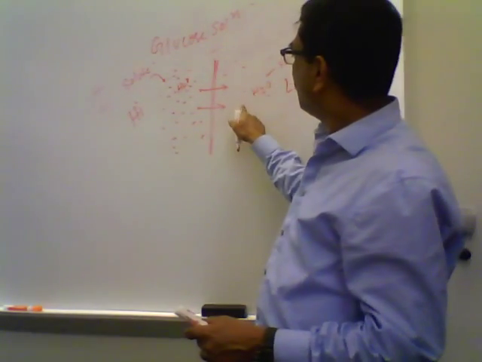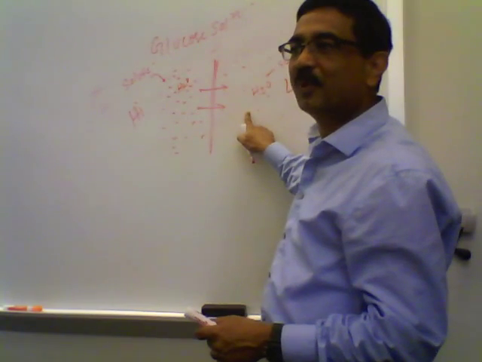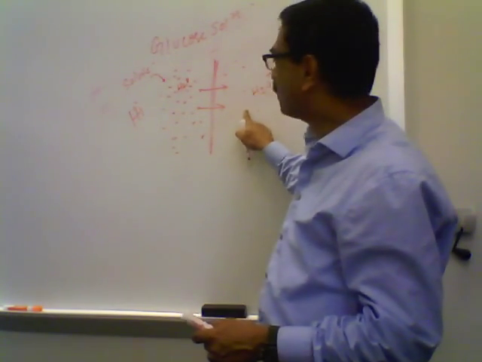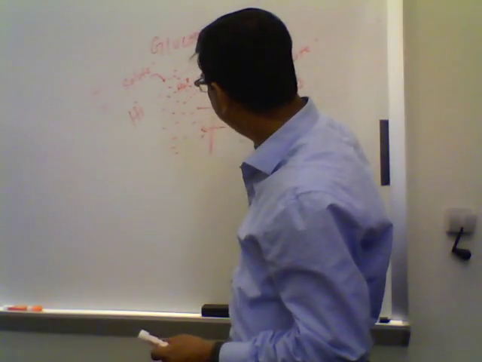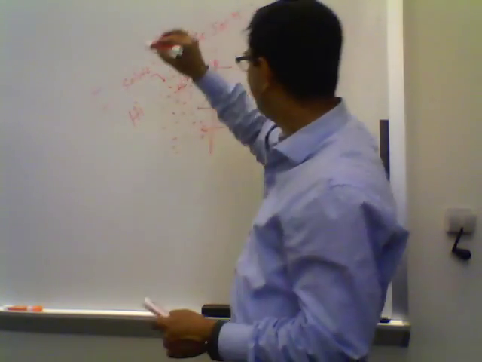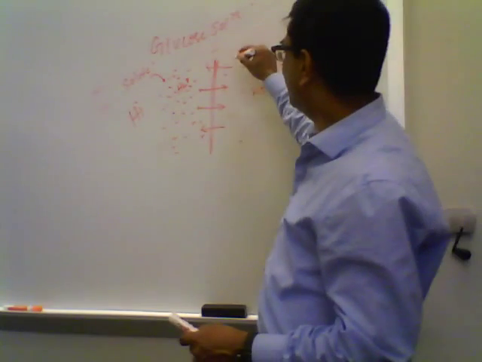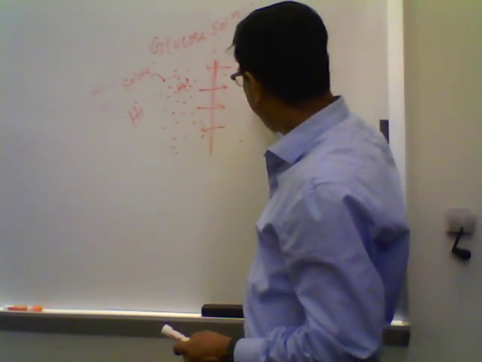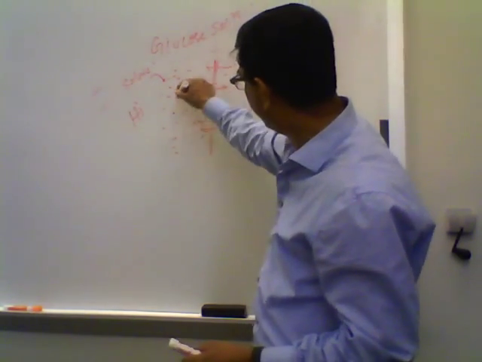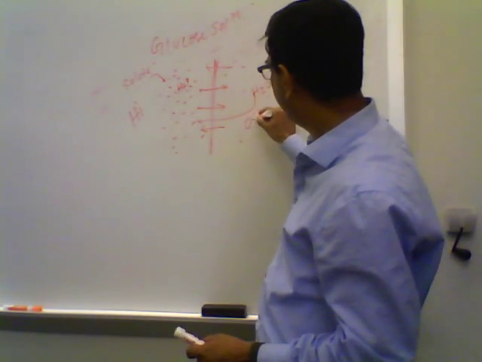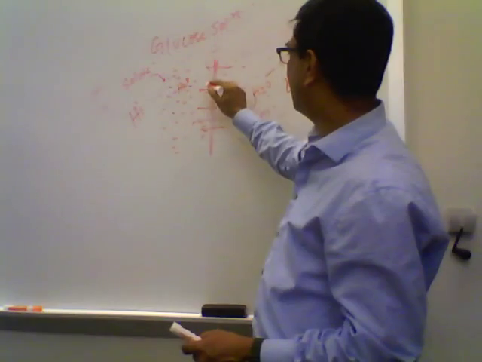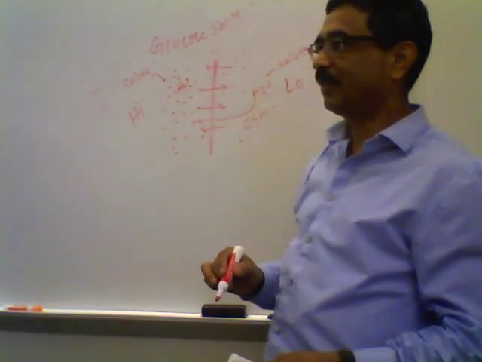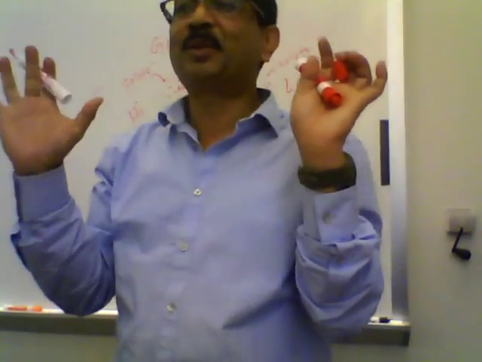Now, on this side, what is more? Water is more. So water will move from this side to this side, and the movement of water is called what? Osmosis. So when water moves from low concentration to high concentration, that is osmosis, and when solute moves from high to low, that is simple diffusion. Make sense? Now just think, it will be very clear.